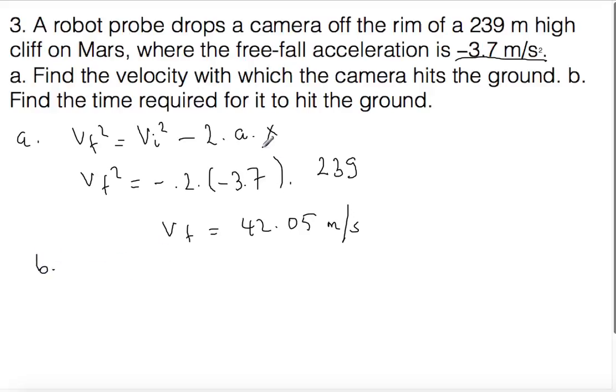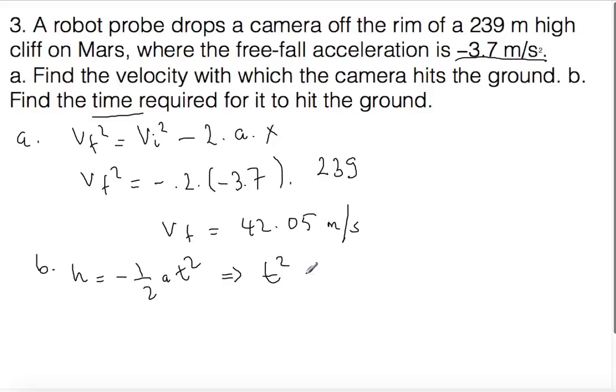We continue with B. Find the time required for it to reach the ground. Again, height equals 1 over 2 a t squared, because it moves against the acceleration, and the height is given, which is 239 meters. Then we are asked for the time required.